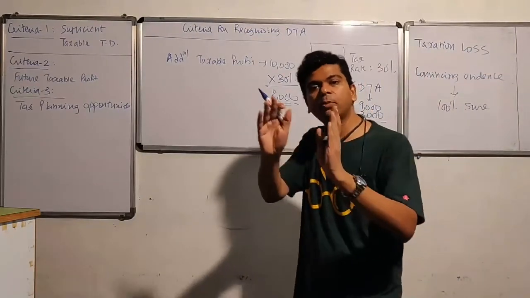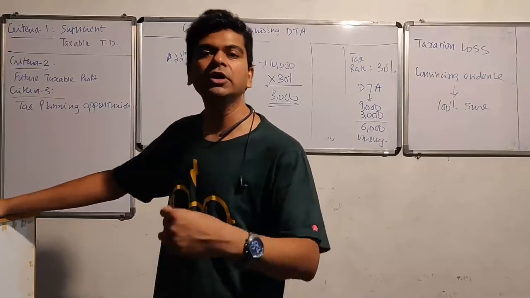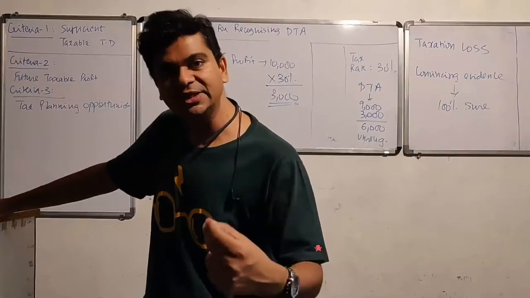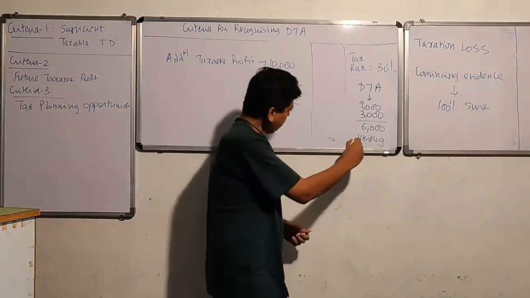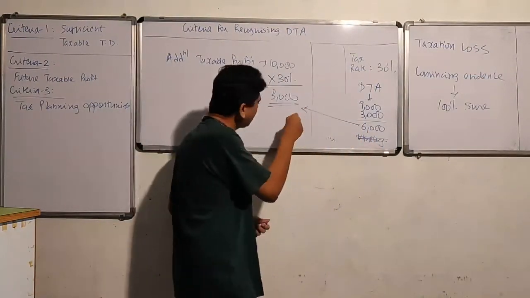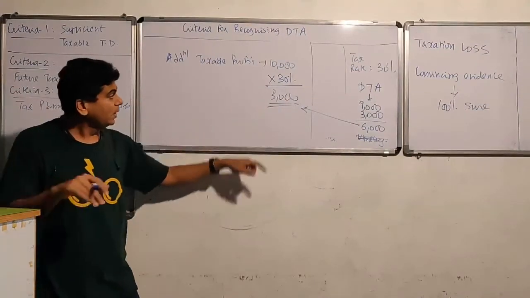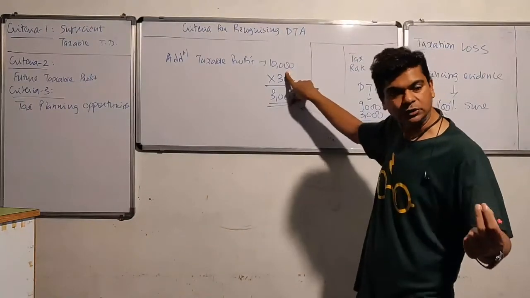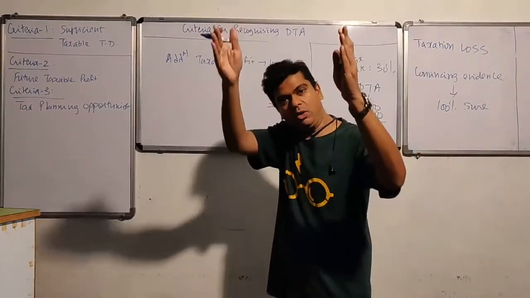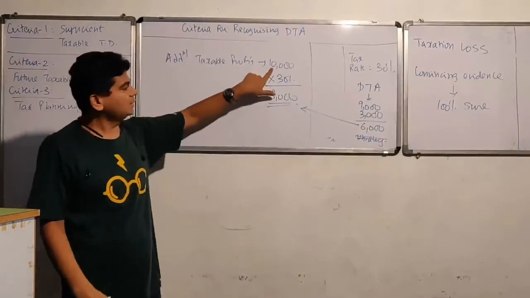But in the process of paying that extra tax of 3,000, now I will realize the benefit of the DTA. DTA of 6,000 is still unrecognized. You know what will happen? I will again recognize the DTA to the extent of 3,000 rupees over here. Because of this tax opportunity, I have to pay extra tax of 3,000. But when I compute, my taxable income will increase by 10,000 rupees.